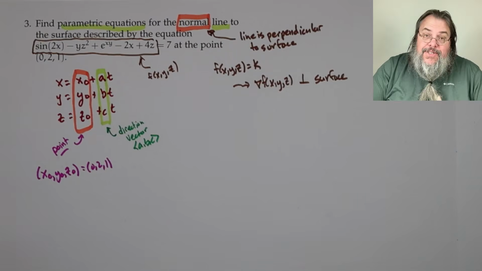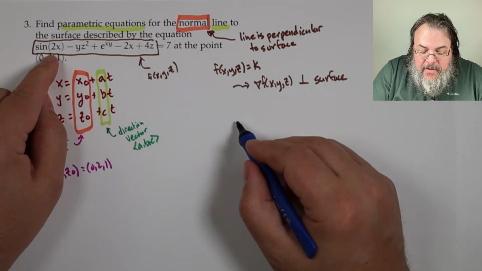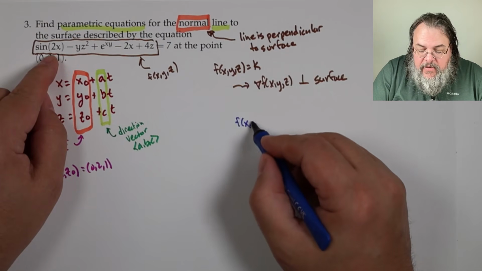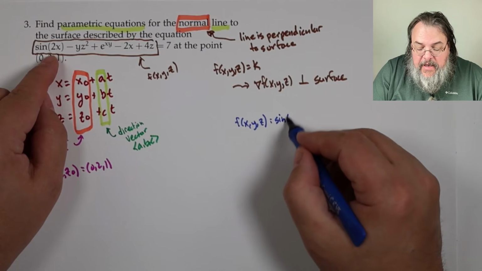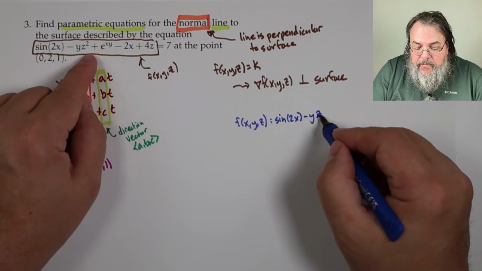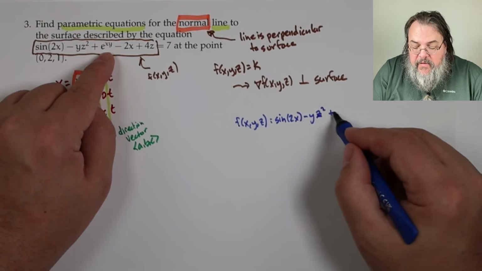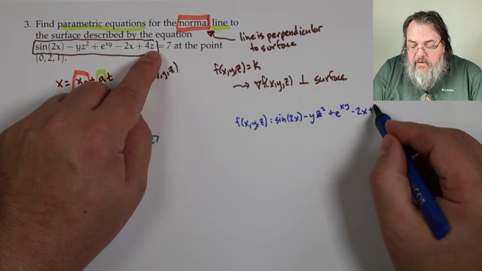So now we actually just have to do the work. Let's remind ourselves, we have our f of x, y, z is sine of 2x minus yz squared plus e to the xy minus 2x plus 4z.